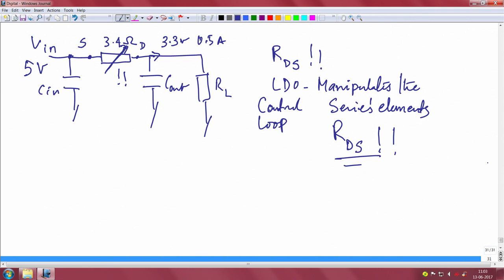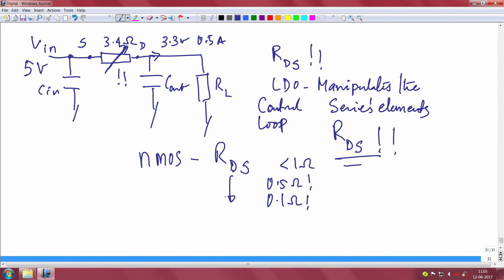Okay. And if you note this, an NMOS, N channel MOSFET, typically has RDS very low, you want less than 1 ohm, maybe 0.5 ohms, maybe 0.1 ohms, and so on and so forth. The lower the better, right.